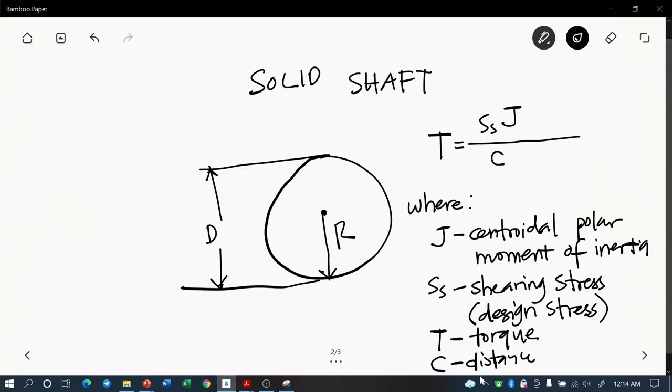Alright. These variables, such as the centroidal polar moment of inertia, may be something new to you, or you may have already encountered this in your strength of materials, but we're going to discuss what table we should look up in order to compute the centroidal polar moment of inertia.